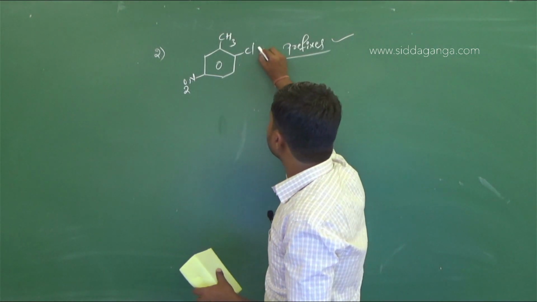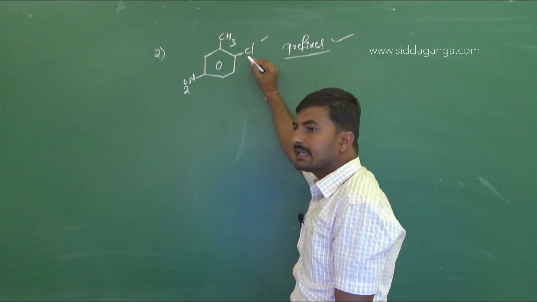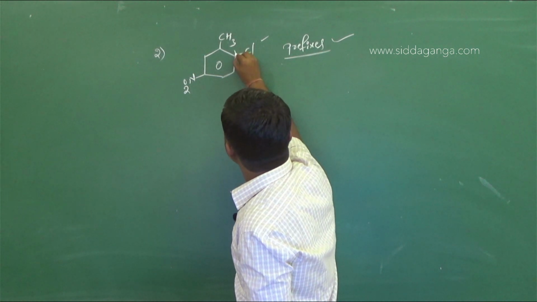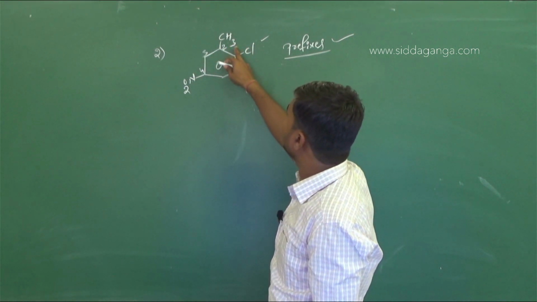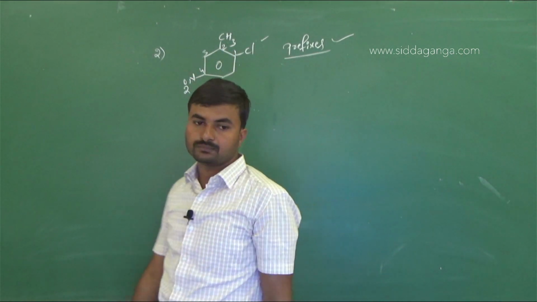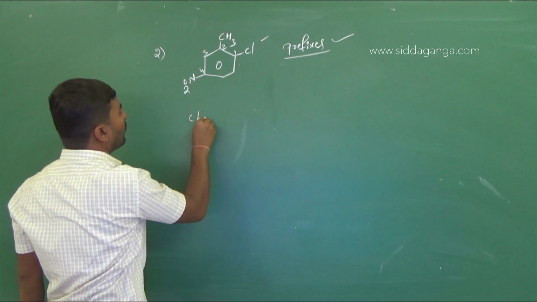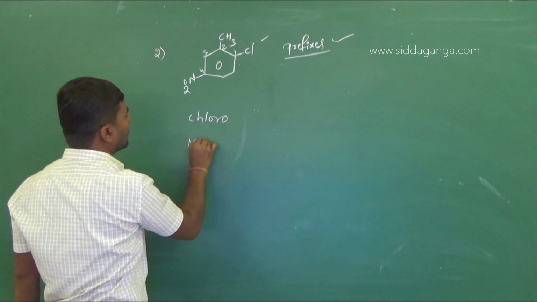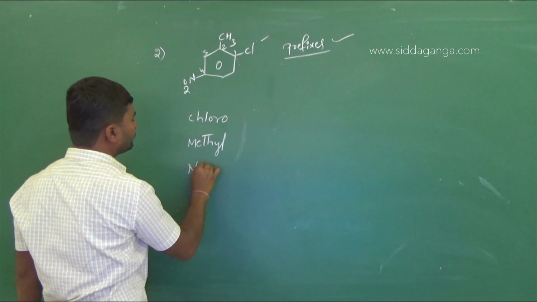Among Cl, CH3 and NO2, the halo group, that means Cl, is the most senior. That is why the least possible number is given to Cl. So the numbering is done from this side, in which we have three substituents here: one is chloro, another one is methyl, and another one is nitro.